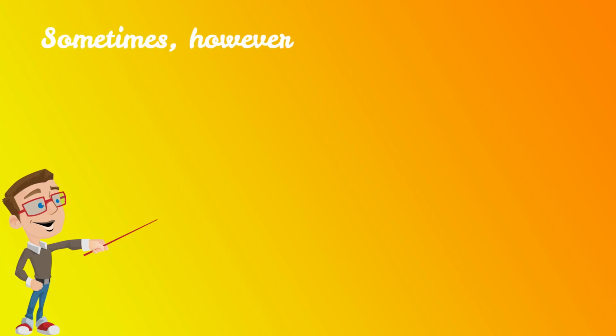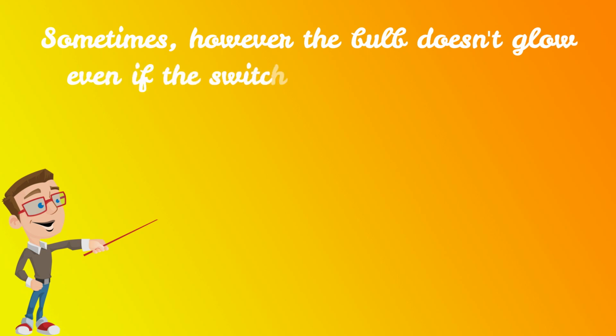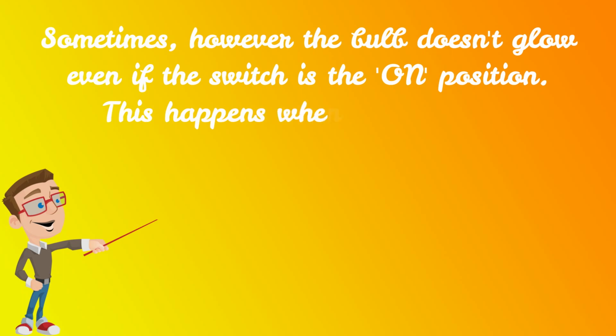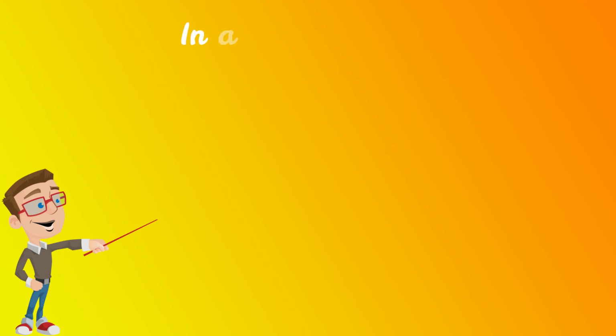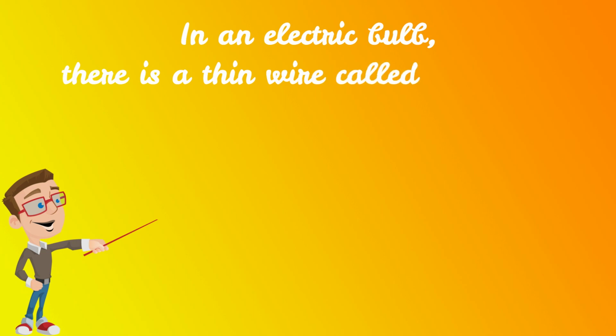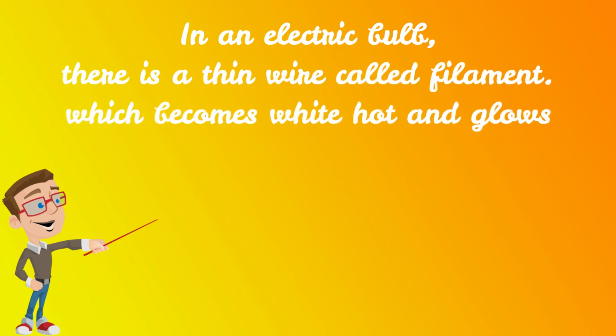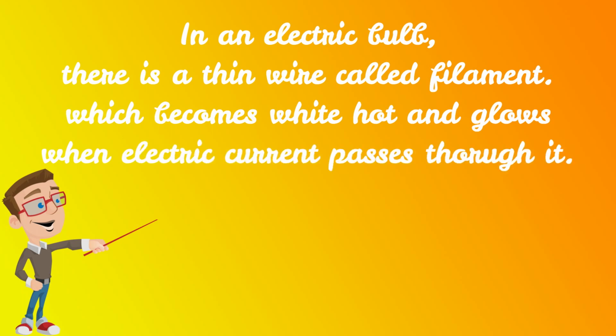Sometimes, however, the bulb does not light up or glow even when the switch is in the on position or closed. This can happen if the bulb gets fused and its filament breaks. In an electric bulb, say a torch bulb, there is a thin wire called the filament which becomes white hot and glows when electric current passes through it.